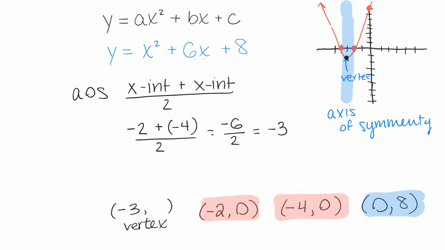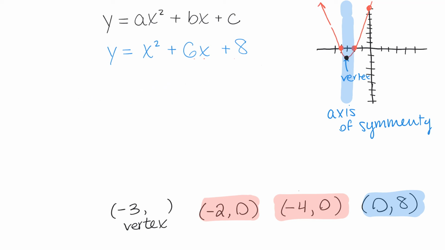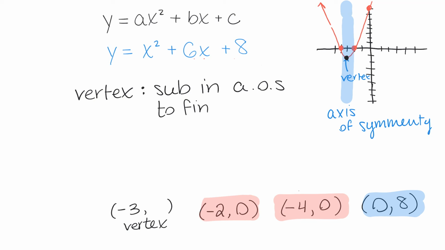So what I'm going to do is plug the -3 into my function, and that's going to give me the vertex. To find the vertex, you sub in the axis of symmetry to find y.